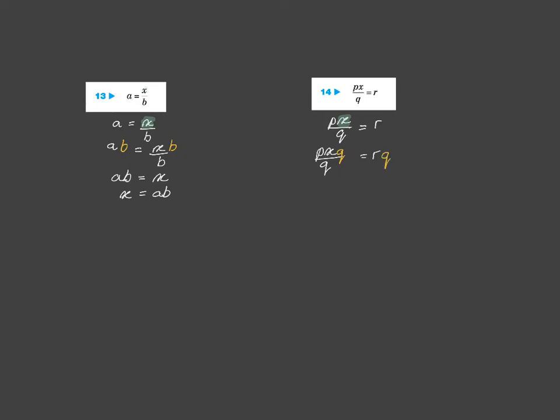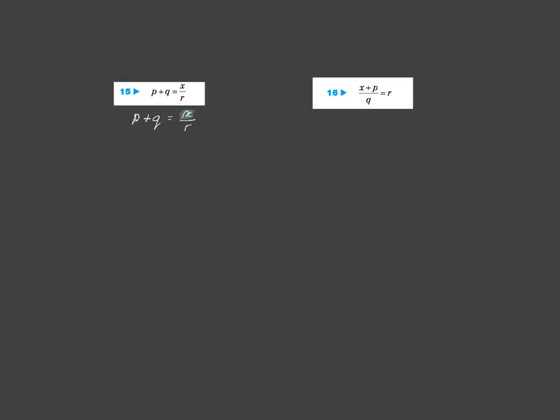On the left, q divided by q gives us 1, and we have px, and on the right, we have rq. To get rid of the p in front of x, you are going to divide both sides by p. On the left, p divided by p is 1x, is equal to rq over p.